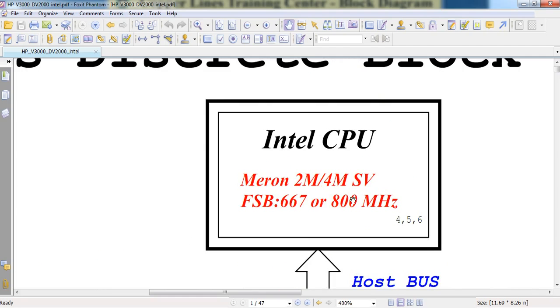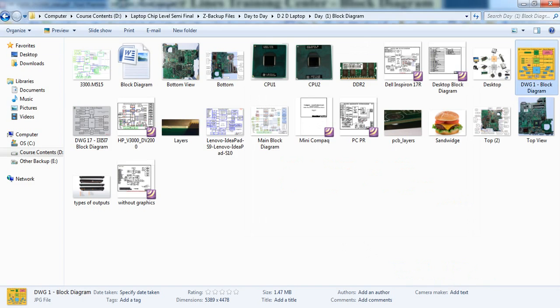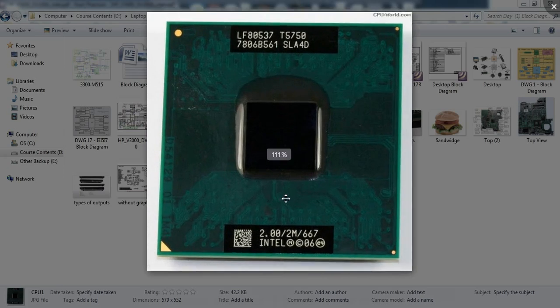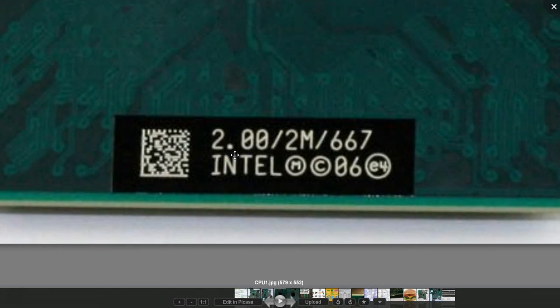The Intel CPU is connected with the GMCH. This is a 2 MB or 4 MB L2 cache memory Intel CPU with a front side bus speed of 667 MHz or 800 MHz. You can see this definition on the processor top side. This is an Intel Centrino processor with 2 GHz speed, 2 MB L2 cache memory and 667 MHz FSB.